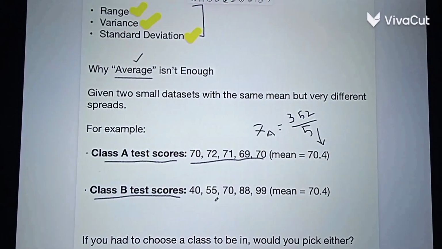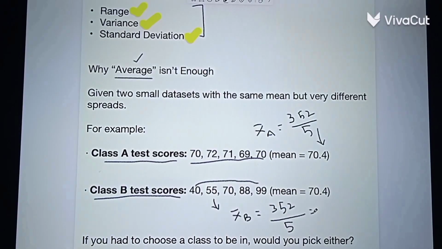Similarly, when you calculate the mean of this data, that is x bar of class B, again when you add them all you get 352, and when you divide 352 by 5, the number of observations or individuals, you again get 70.4, meaning that the mean for both of the data sets is the same.